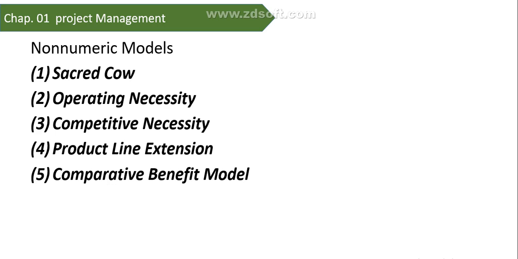And comparative benefit model. For this situation, assume that an organization has many projects to consider. Senior management would like to select a subset of the projects that would most benefit the firm, but projects are not easily comparable.